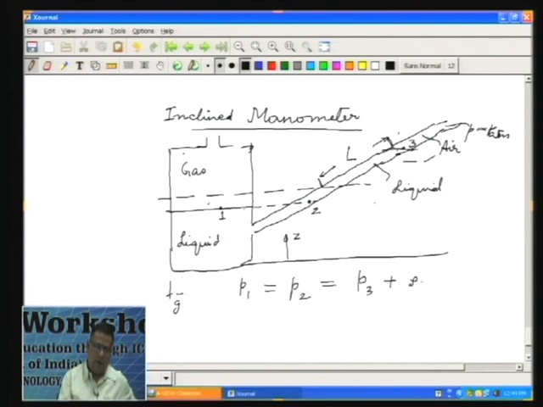plus rho of the manometer liquid, which we are calling rho m, g into this vertical distance between this level 2 and this level 3. So, if I say this angle is theta, the angle of inclination, and this is L, this is going to be L sin theta.